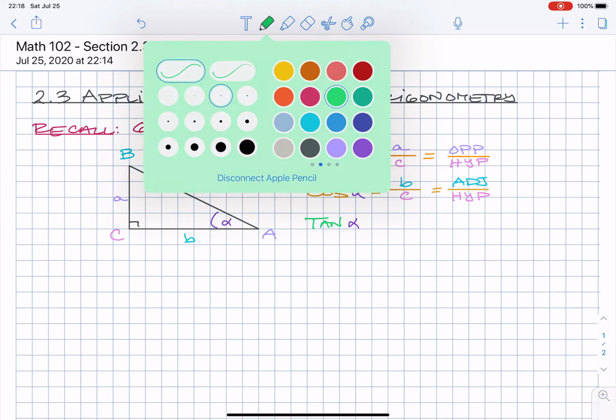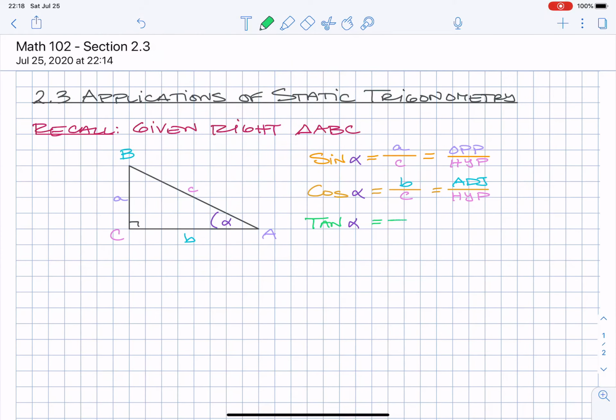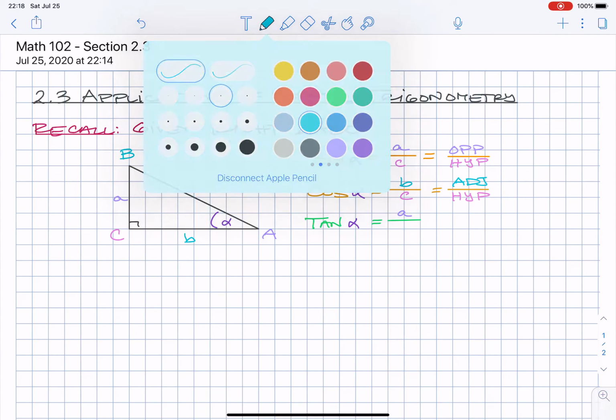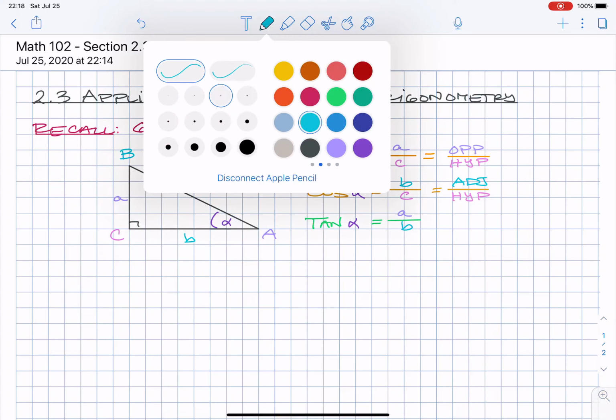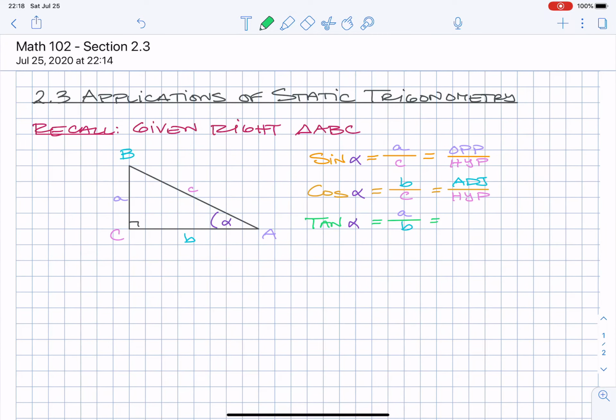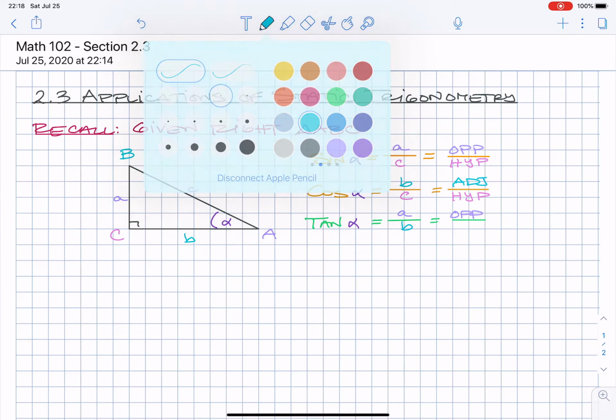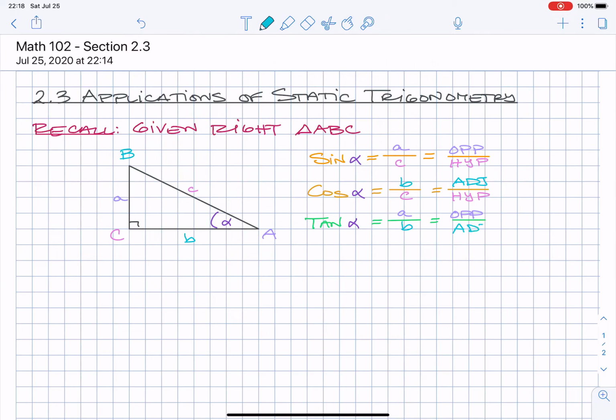Well, if I take the quotient of the two guys above it, I notice that the c's reduce and I'm left with a over b, which is actually opposite side over adjacent side. And of course the reciprocal functions follow suit. So I'm actually not going to explicitly write them. Hopefully you know them by now. They would be cosecant, secant, and cotangent respectively.